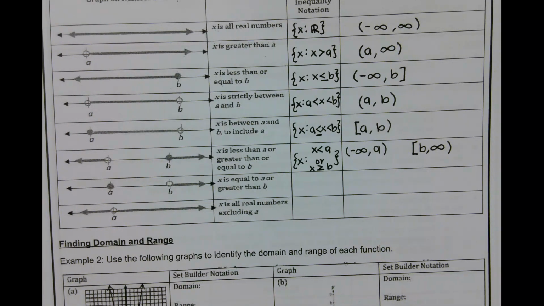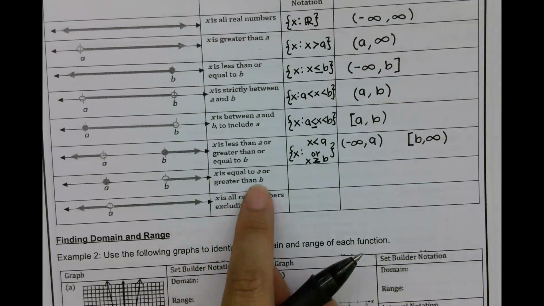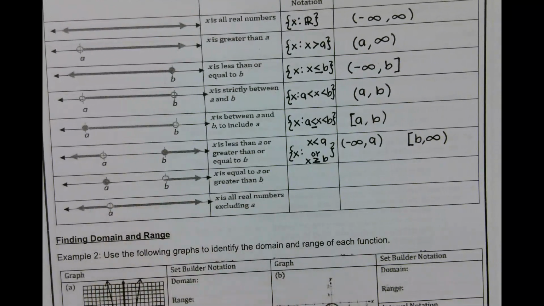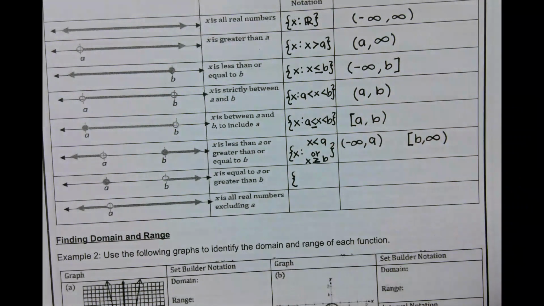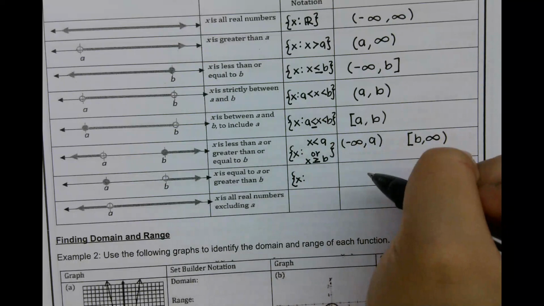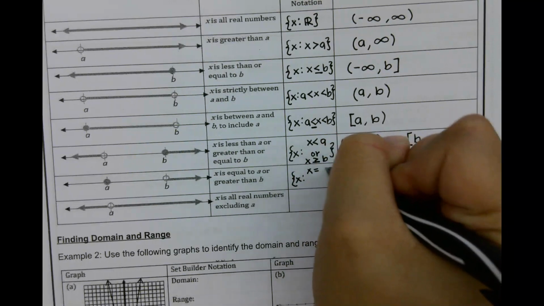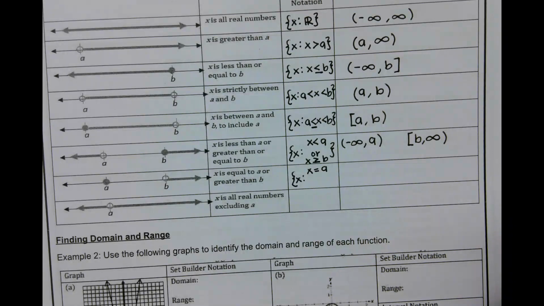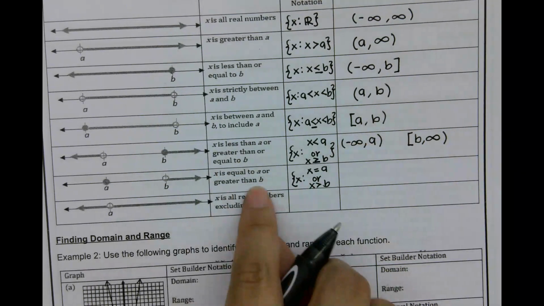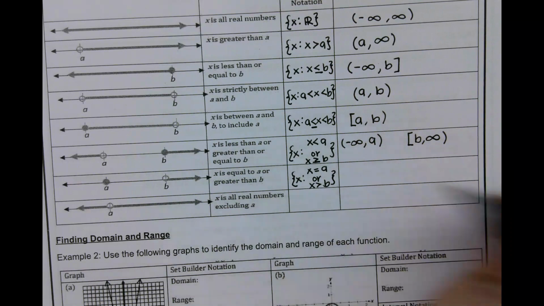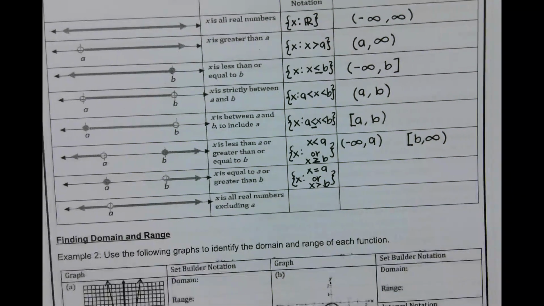Then here I have x is equal to A or greater than B, shown by this graph. So x is equal to A, or x is greater than B. How would I write it?